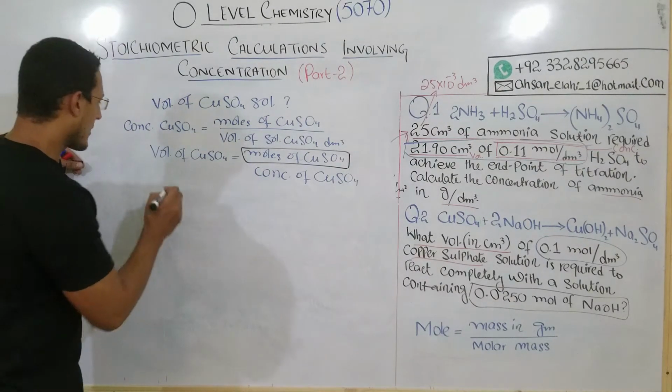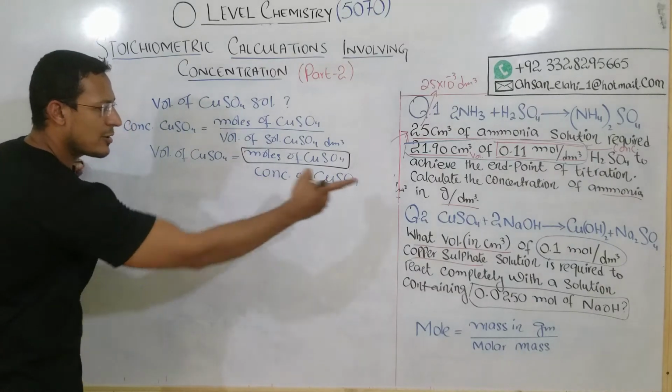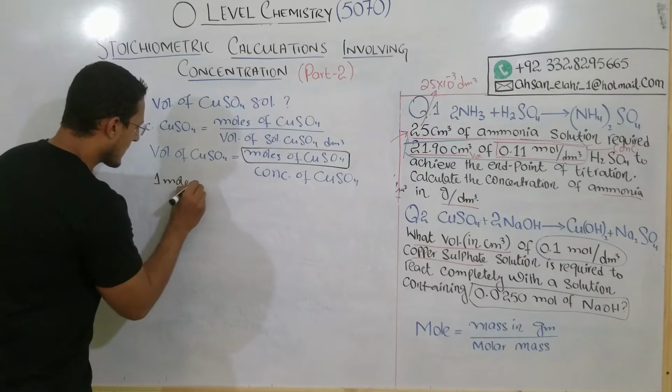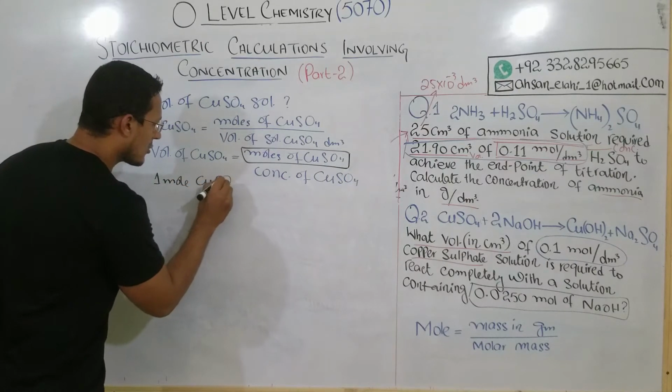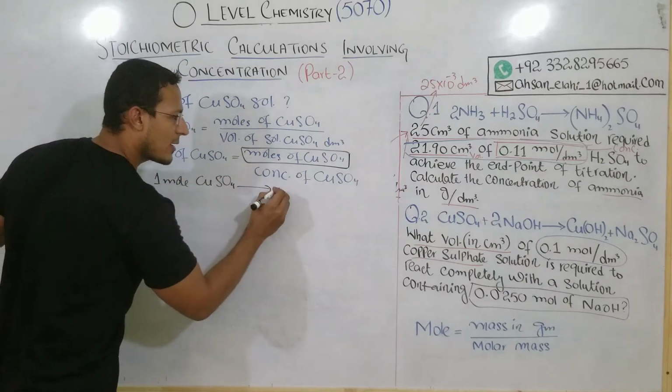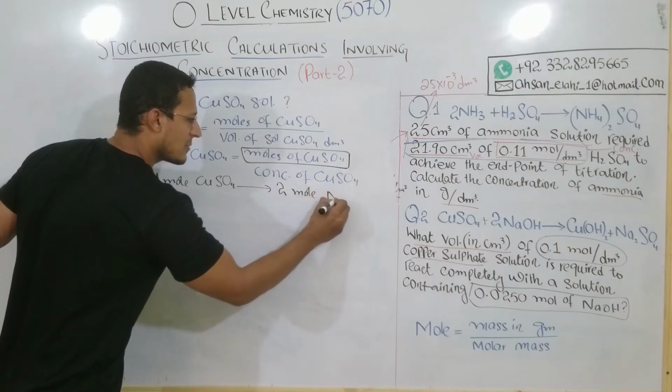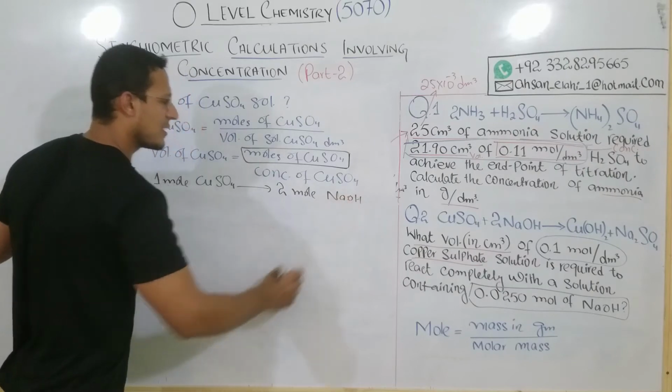So according to the given balanced equation, 1 mole of copper sulfate requires 2 moles of sodium hydroxide for complete reaction.